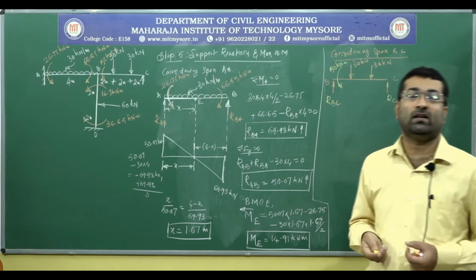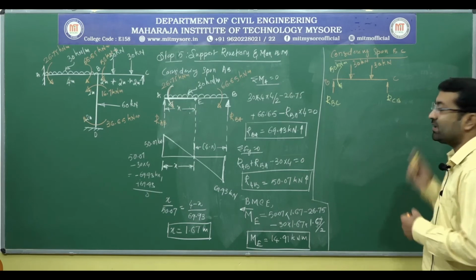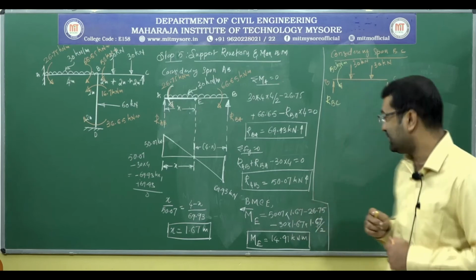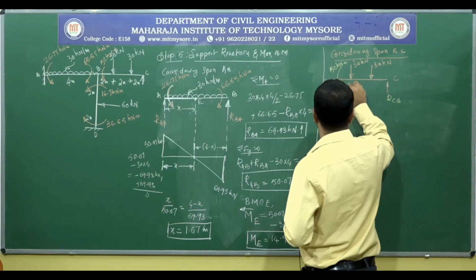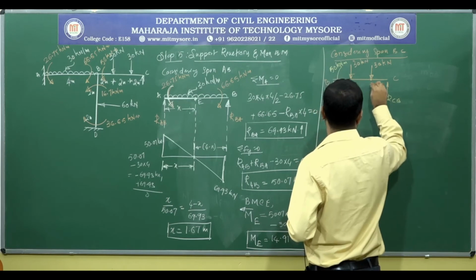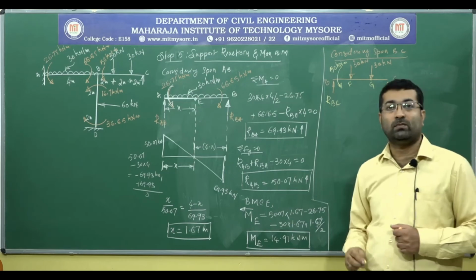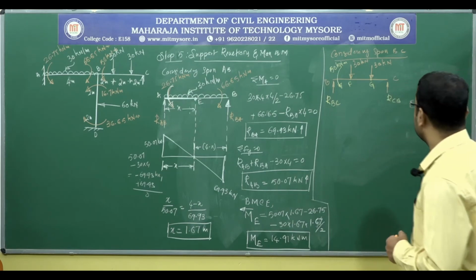So we need to determine the bending moment under the both concentrated loads, and even that will be helpful in drawing the bending moment diagrams. So let us say this is a point F and this is point G. So we need to determine the bending moment under the point F and also at point G.